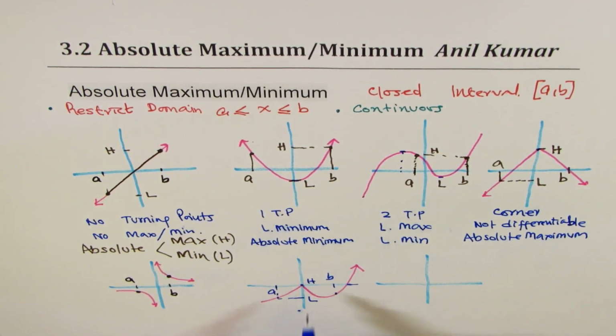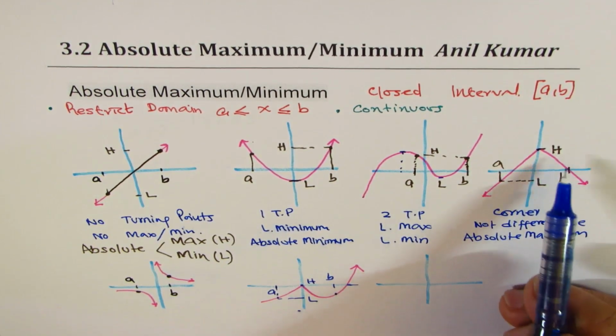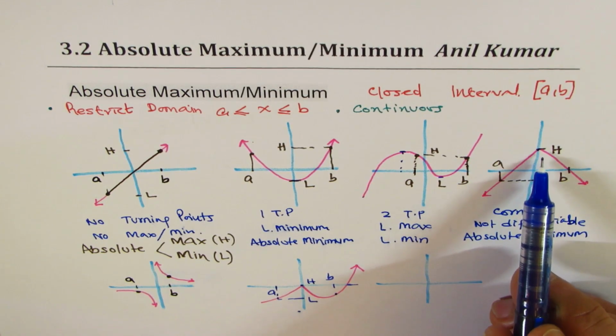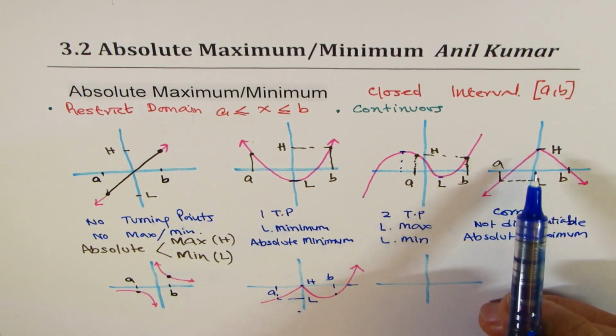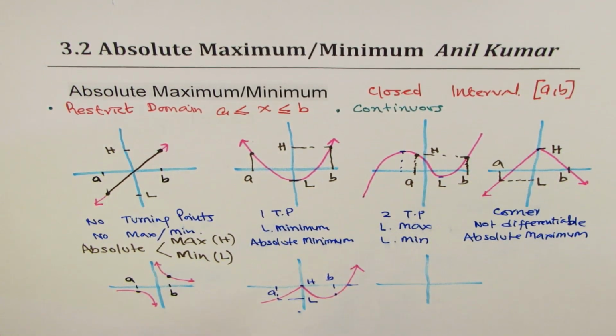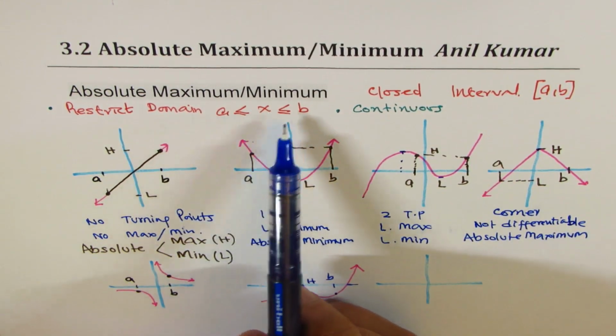Do you see that? So here the function is not differentiable at the cusp. Function is not differentiable at the corner. Still, we have absolute maximum and minimum with the restriction that x is between A and B.